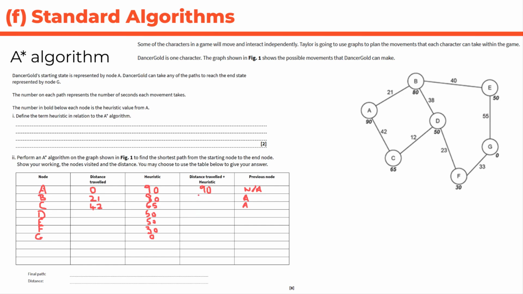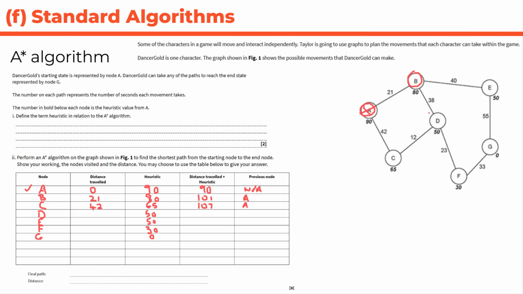So 21 plus 80 is 101, and 42 plus 65 is 107. Okay, done that. Circle A, cross it out because we've been there, we can never go back again. Then we look at the distance and heuristic. Which one is lower? Well, B is lower, so then we move to B.